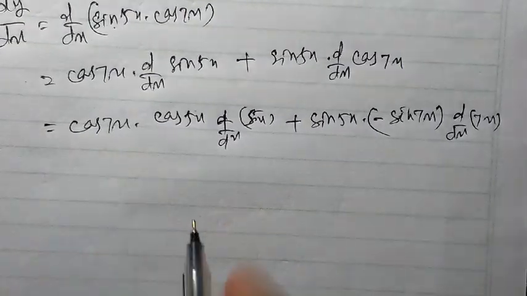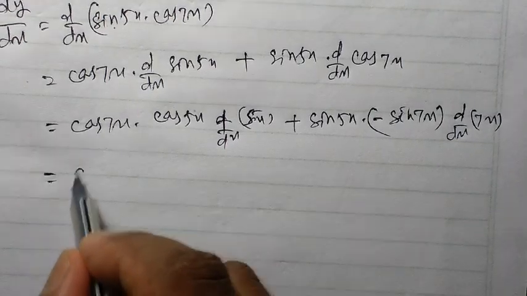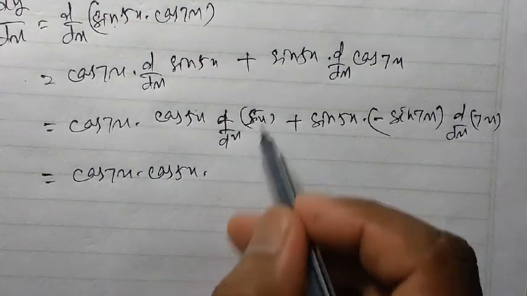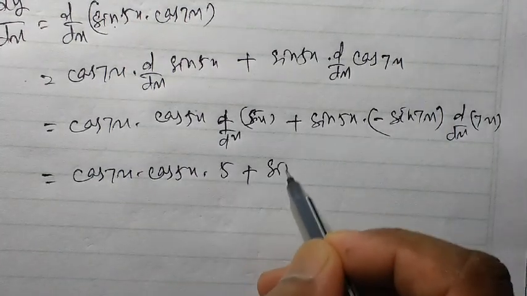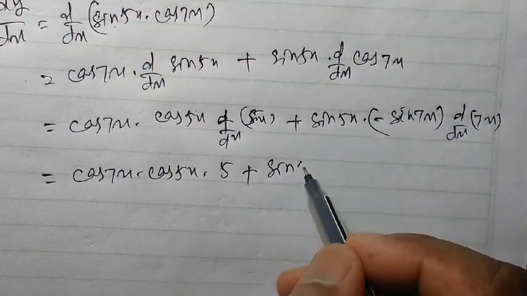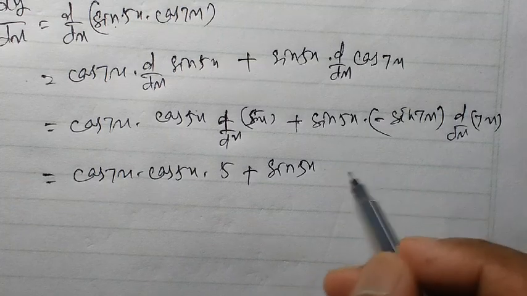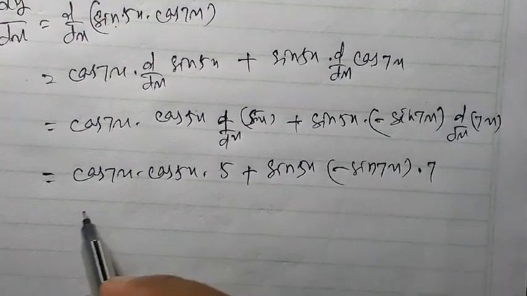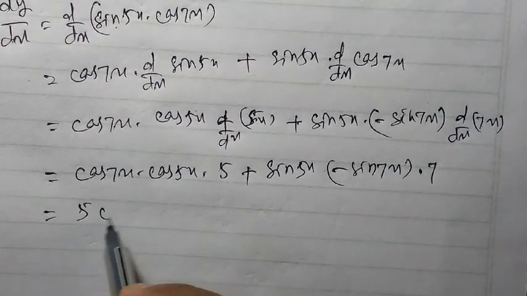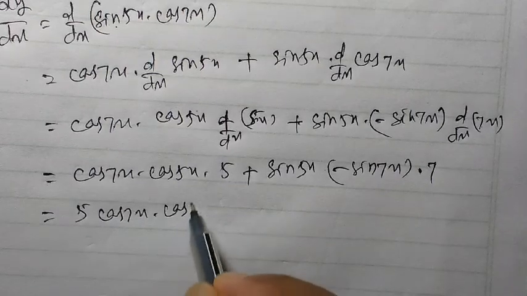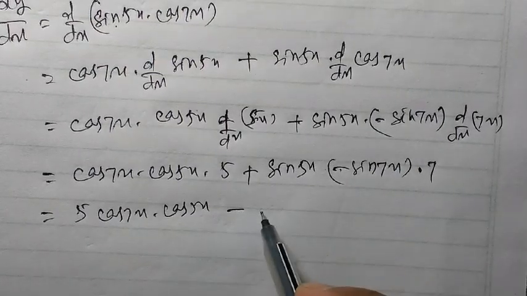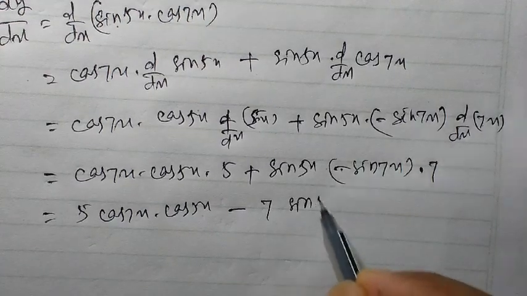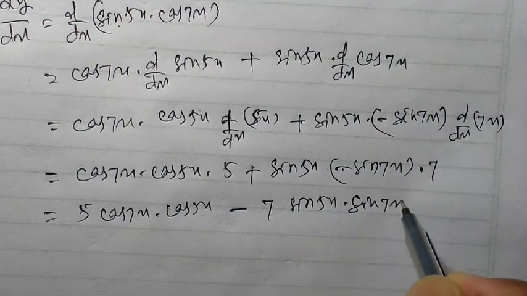The derivative of 5x is 5 and the derivative of 7x is 7. So it is equal to 5 cos 7x cos 5x plus minus minus 7, so 7 sin 5x into sin 7x.